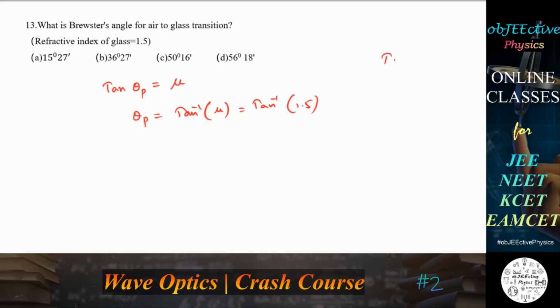So we know that here we are following elimination method. Tan 45 is equal to 1 and tan 60 degrees is equal to 1.732, that is root 3. Now our value is 1.5. 1.5 is very close to 1.7. So that theta p is very close to 60 degrees as per the given option. So we can take it as 56 degrees 18 minutes, elimination method. And next question.